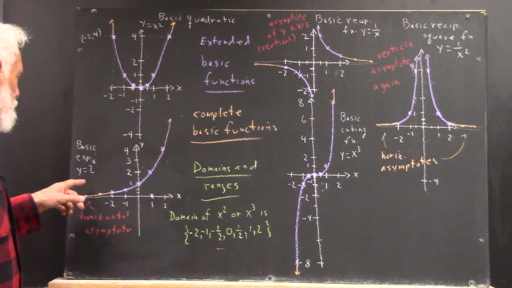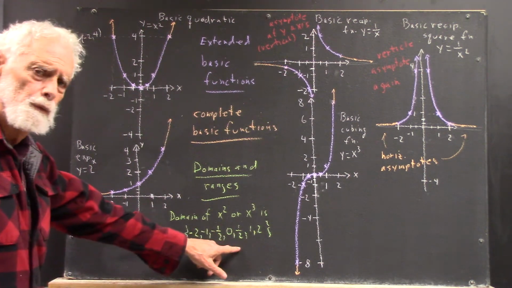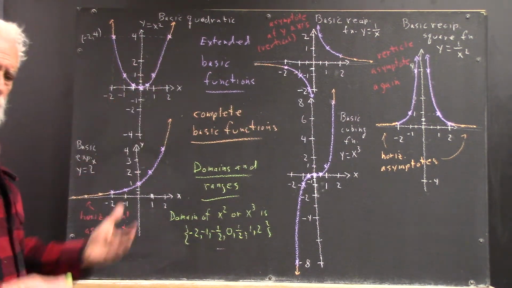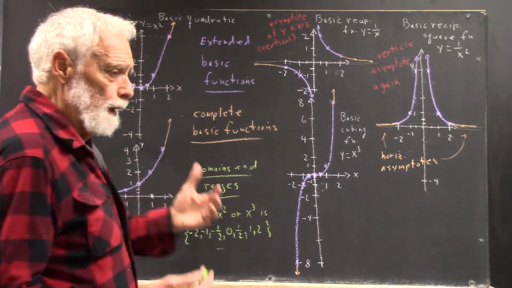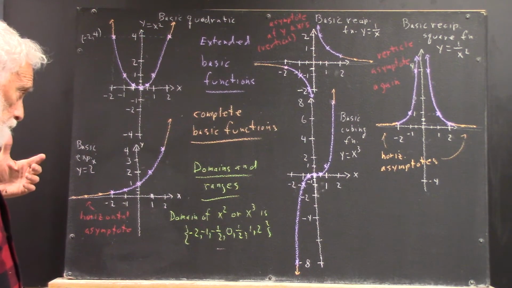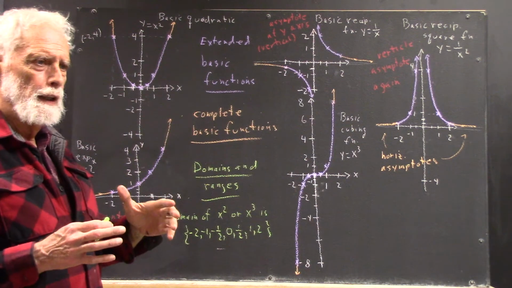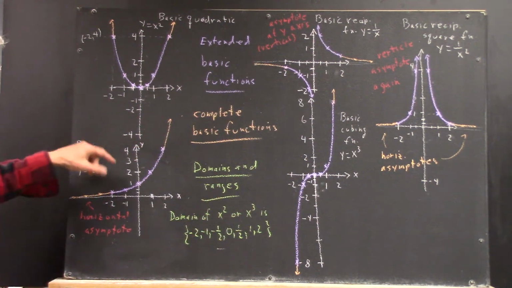Okay? The domain of your basic exponential function is the same as this except for the -1/2 and the 1/2, because we don't include -1/2 or 1/2 in our standard values for it.